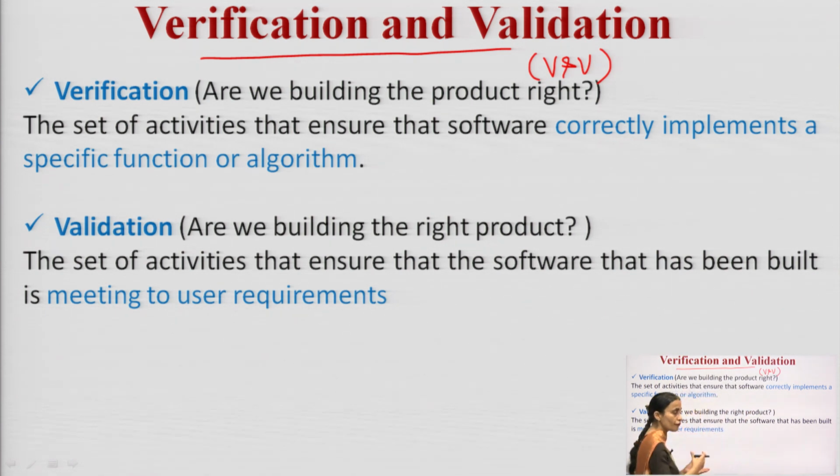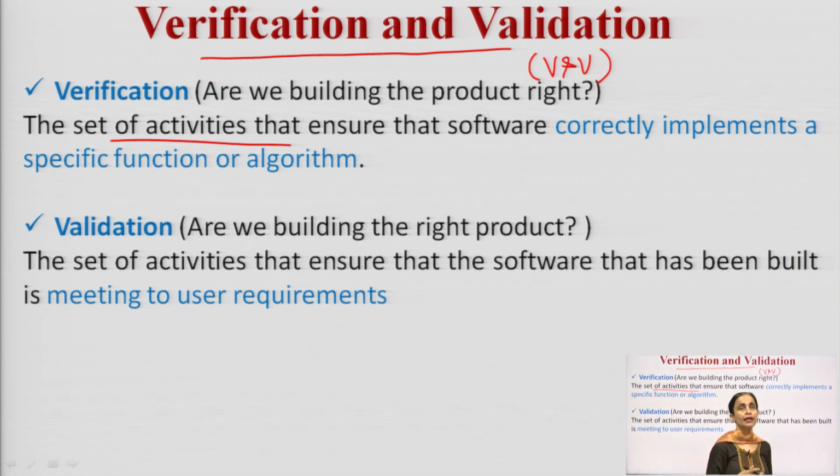Whether the software we are going to build is right or wrong can be decided by a set of activities that ensure the software correctly implements a specific function or algorithm. That means checking that the algorithm and the code I am going to write are correct; that is my verification.